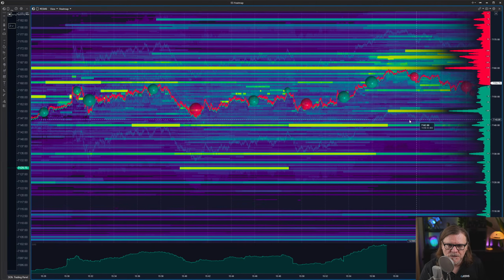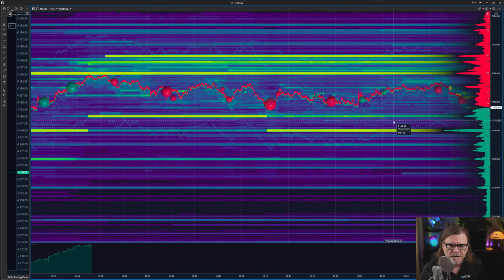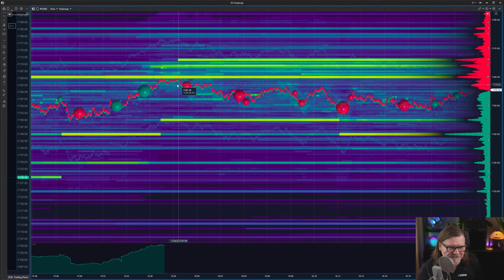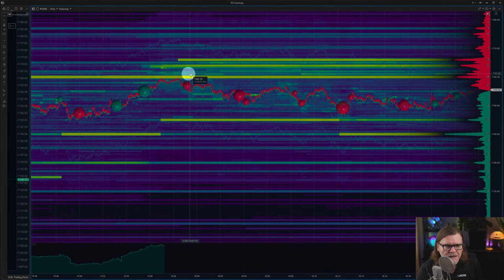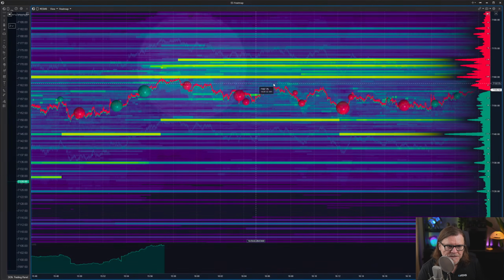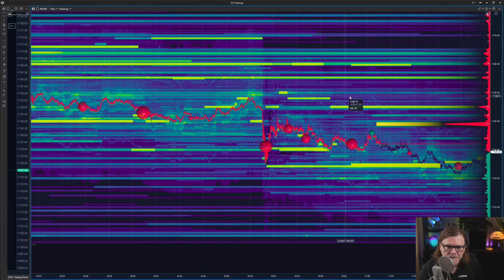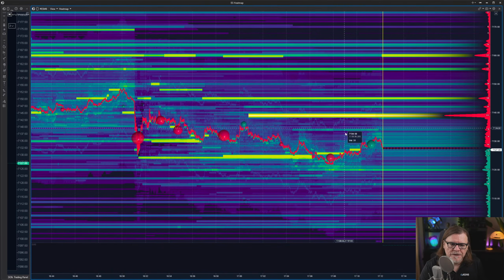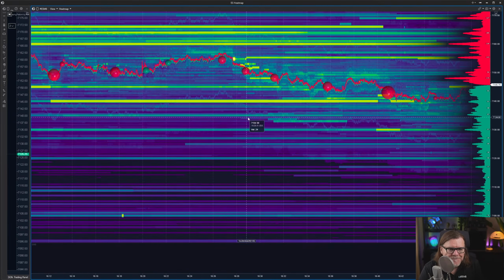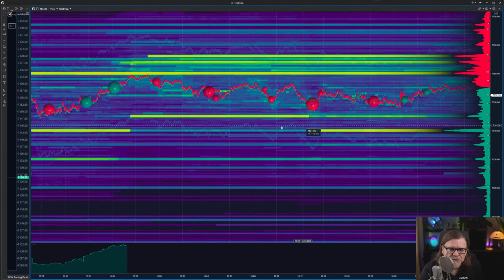Another collecting of the position. You see how the sharks started being interested in collecting the shorts, and they hoped that the price get there. And we are here currently. So this is how you trade it.